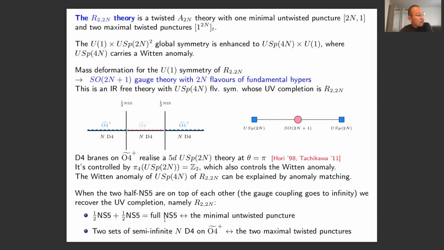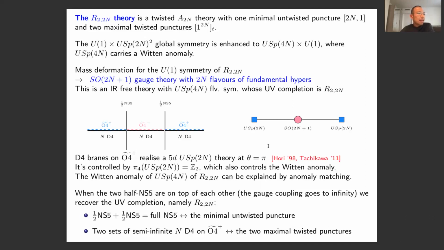Then this full NS5 you can realize as the minimal untwisted puncture. And the two sets of semi-infinite D3 on O4 plus tilde can be realized as the two maximal twisted punctures. And this realizes the construction of the R22N, okay? So this is just to show the relation.